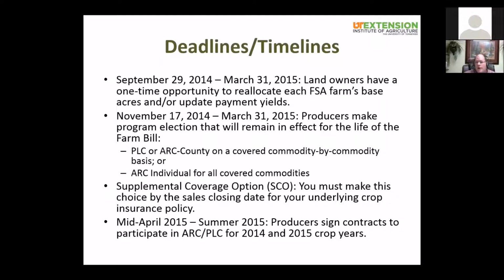You have until March 15th to make that decision. Make sure you cannot take SCO on any ARC County selection you've made. Then from mid-April to summer, you sign your contracts to participate in the 2014 to 15 crop years, and that's pretty well how we've done in the past.